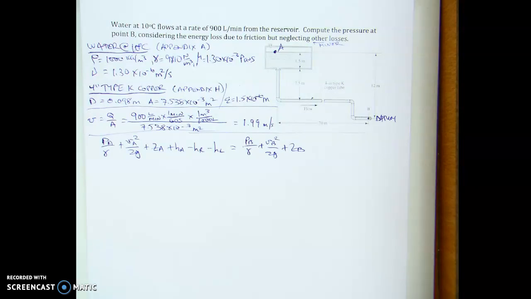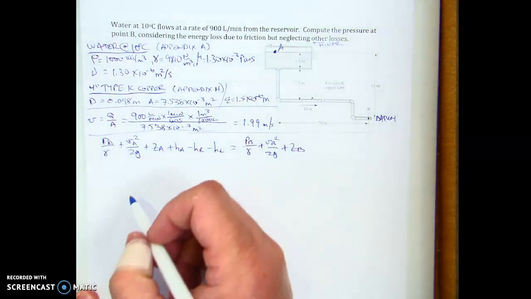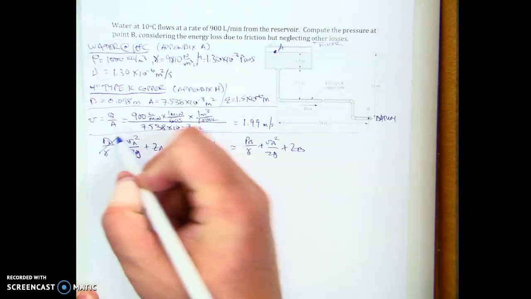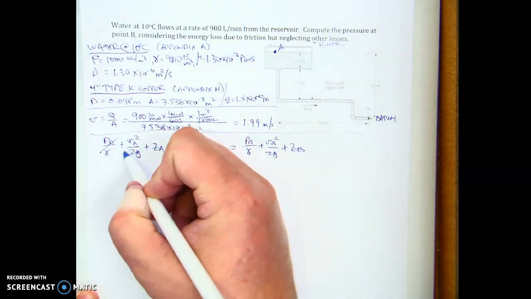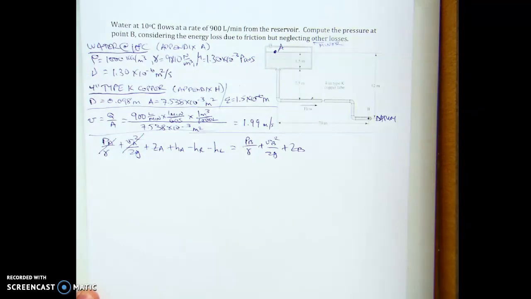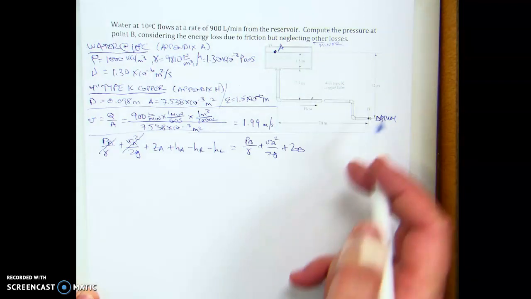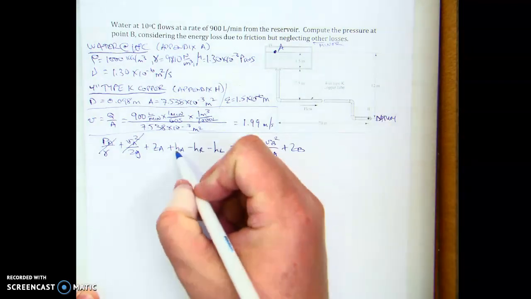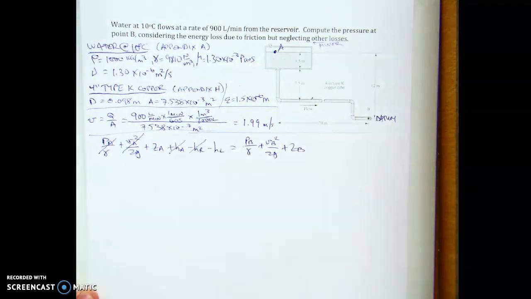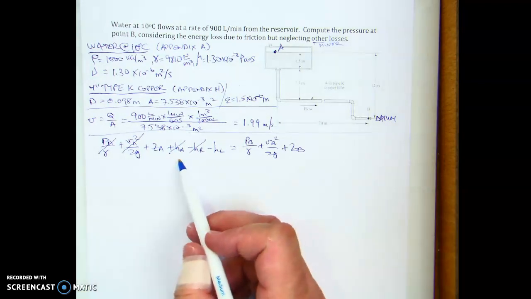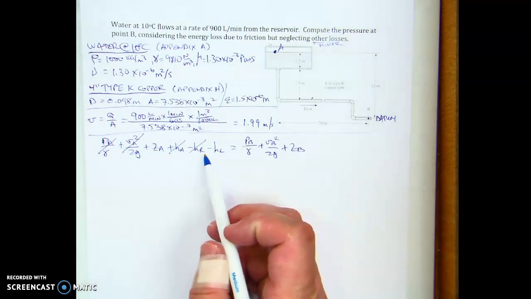So let's start off with our energy equation, and hopefully we can agree PA is gone, open to atmosphere. VA is gone because we're in a large reservoir. ZA is going to be 12 meters. HA and HR are gone. HA, there's no devices adding energy. HR, no devices removing energy.